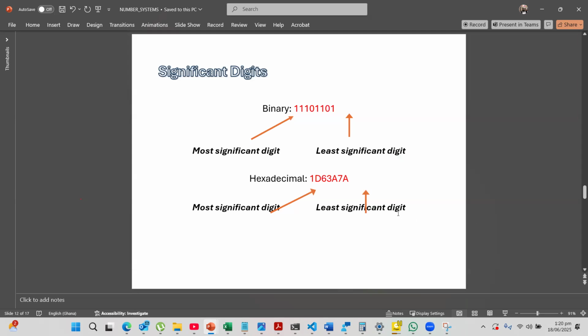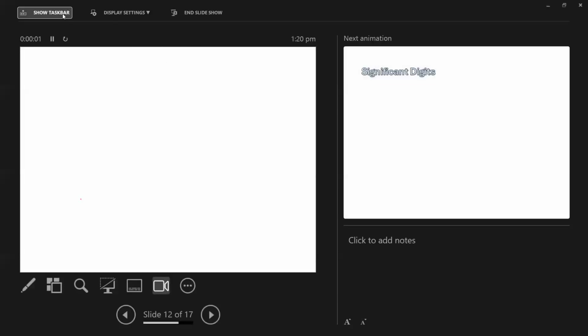So now let's talk about the significant bit. And what is the significant bit? So say a bit, then there is a value on it that we need to note.